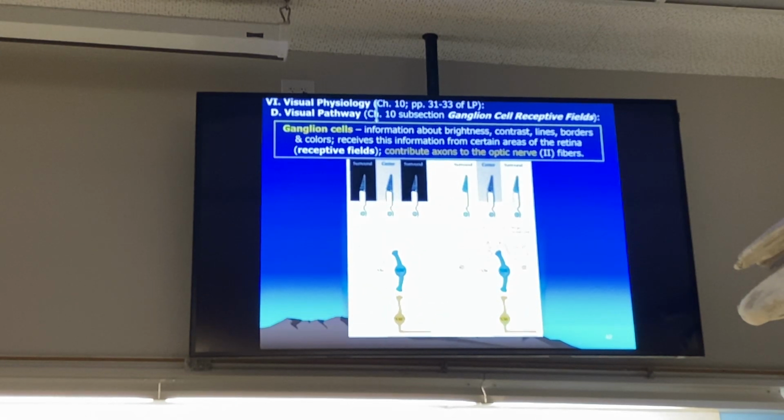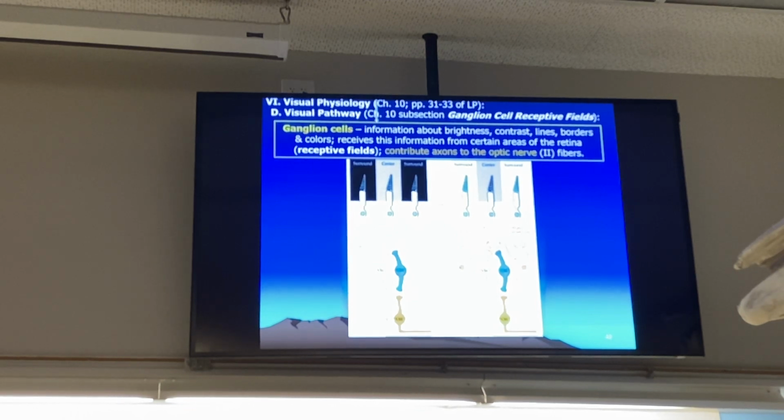This is just the same thing. Different pictures of the same thing. You can find this on the internet, it shows you the same thing. Okay? Again, the axon of the ganglion cell is the optic nerve.